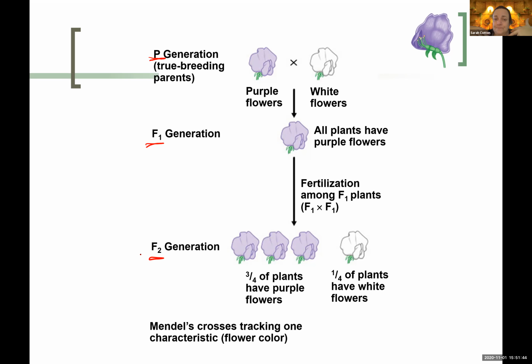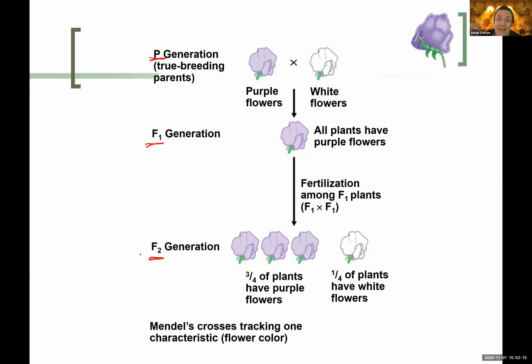Okay. So in this particular example, if Mendel started with a plant that had purple flowers and a plant that had white flowers, and both of them were true breeding, meaning that if they self-fertilized, because remember, they have both reproductive structures on their flowers, right? So if they were allowed to self-fertilize, the white flowered plant only made more white flowered plants.